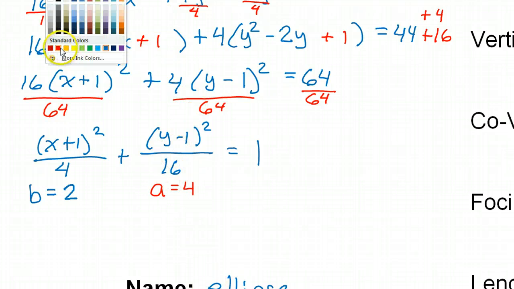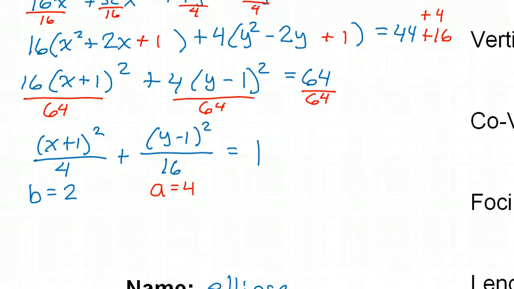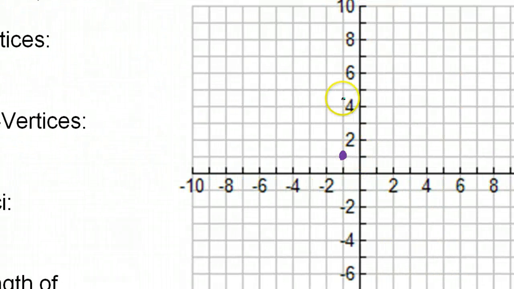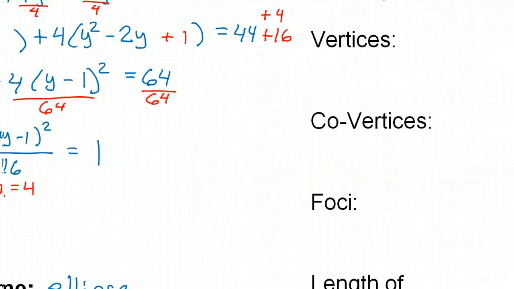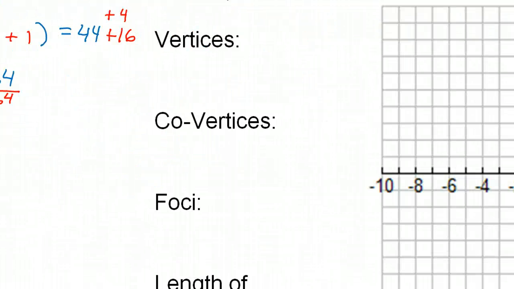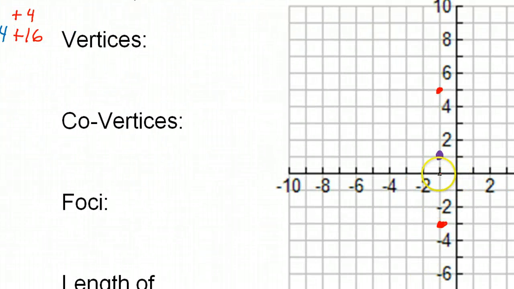If it's with the y, it's up and down automatically. So I'm going to go up 4 and down 4. So these are my vertices. I know that because it's the bigger number. But let's write it down. So that's -1, comma 5 and -1, comma -3.